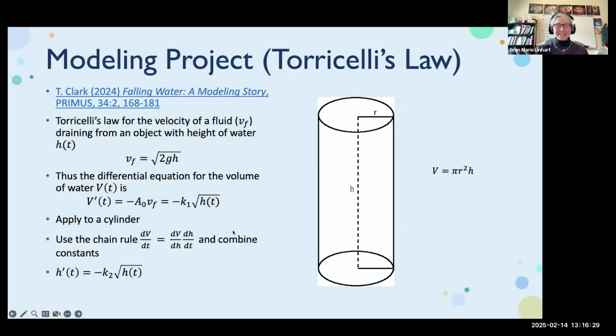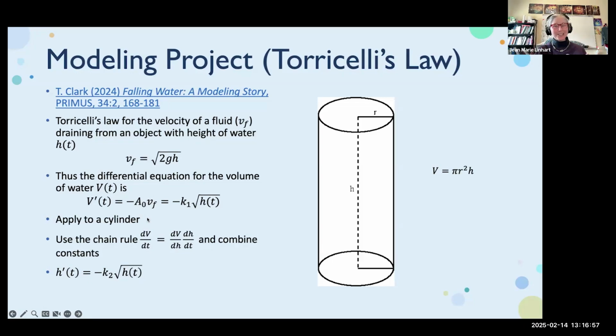And then the next thing I really love about this is that we get to use the chain rule. And I think the chain rule is just so important, and students don't understand why it's important and how it's useful. So when we take Torricelli's law, we get that the derivative of volume is equal to minus A0, the size of the hole from which water is going to drain, times the velocity of the water.